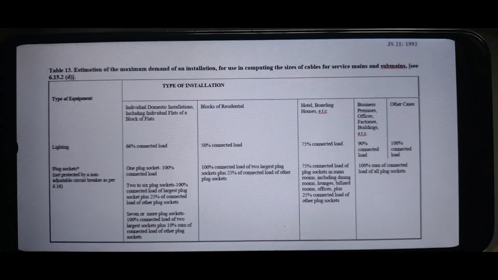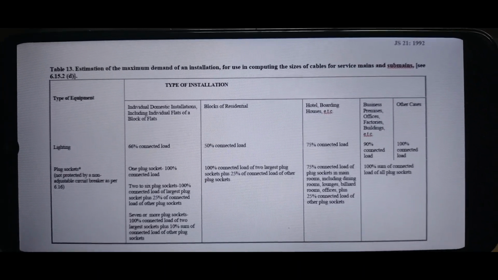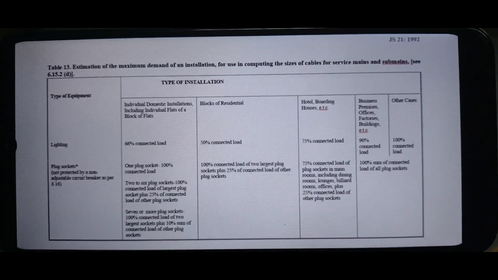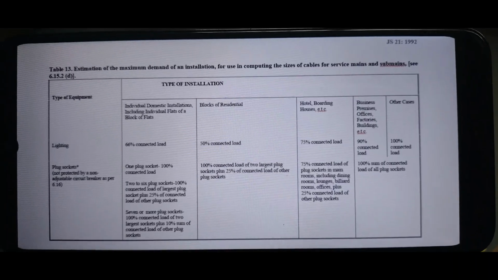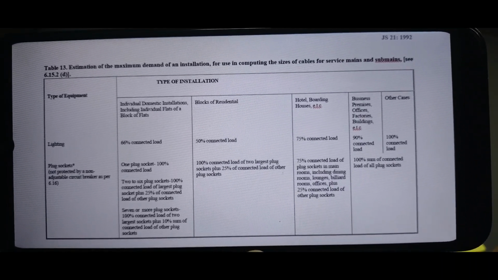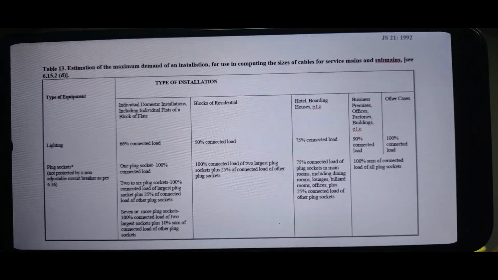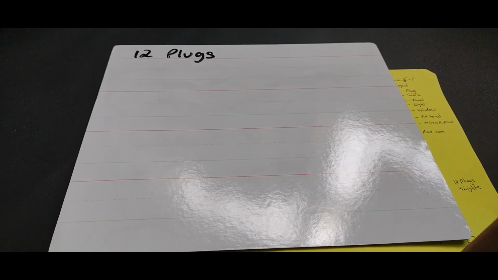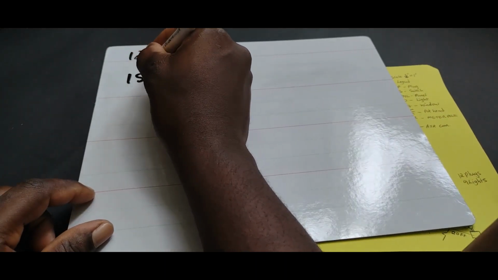In our case, it's 12 plugs, so we're going to take out 2 and add the rating of 15 amp and apply the 100% to that. That would give us 30 amps, and the rest we just add up the amperage and apply the factor of 10%.